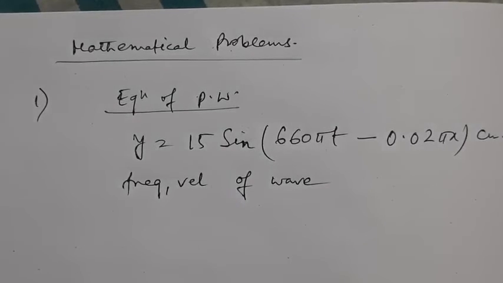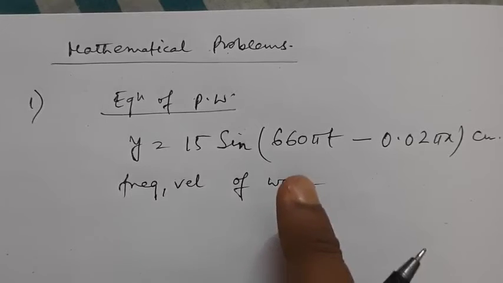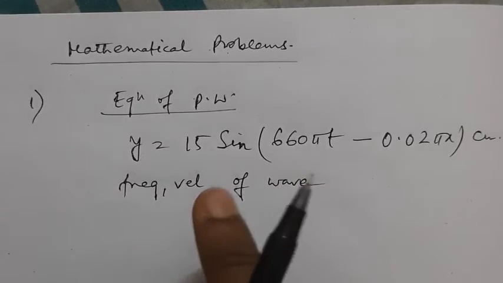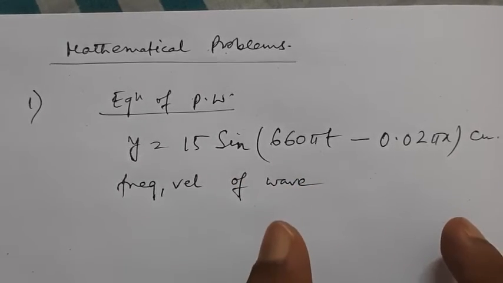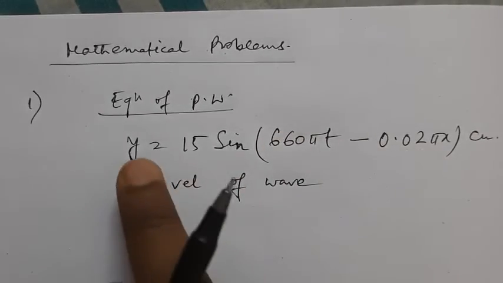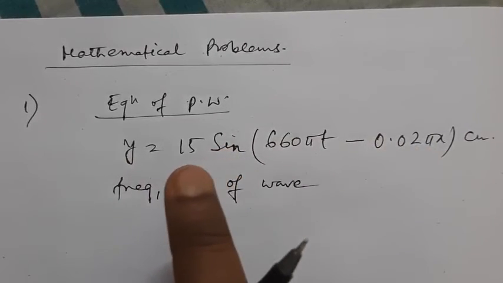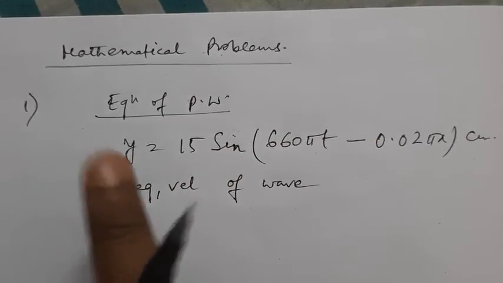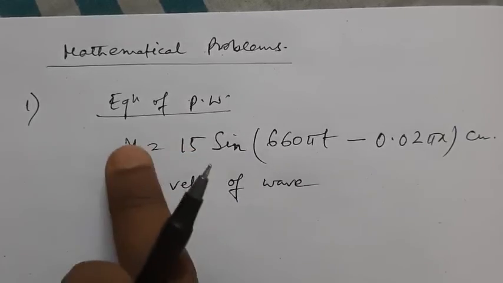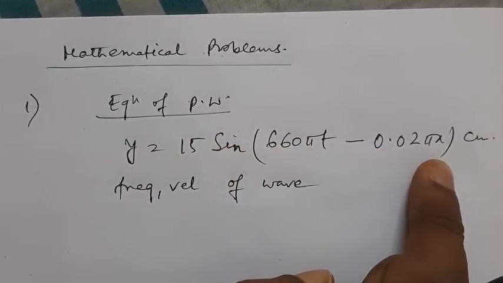Now the thing that I told you as I was starting the video, that we will be studying the 4 types of equations, the 4 formats of the same equation. Now this is the equation. We have to compare it with the 4 standard forms and see which one is similar to this.